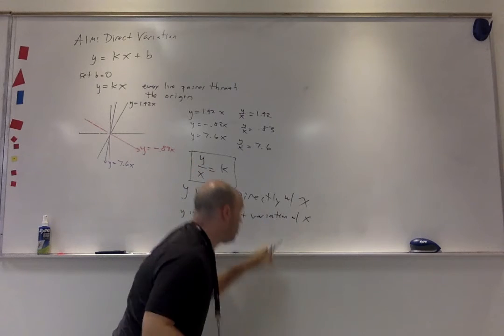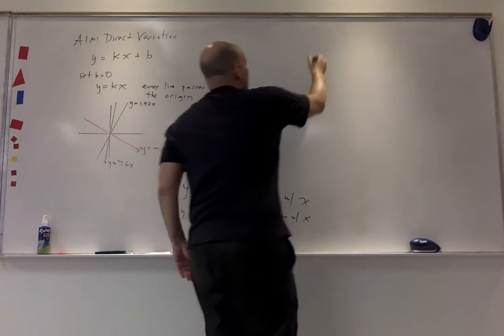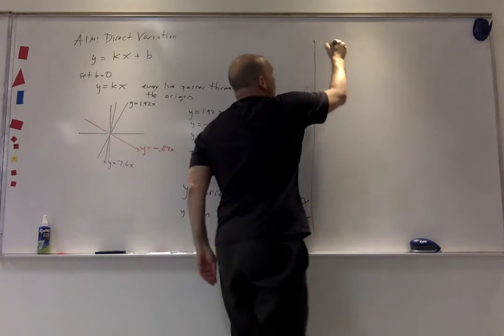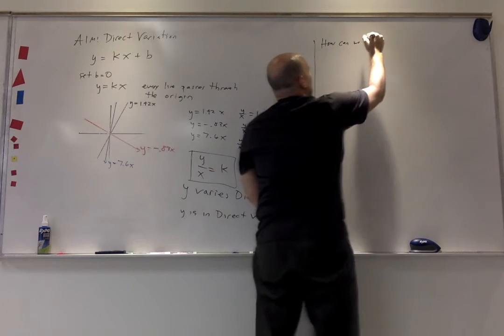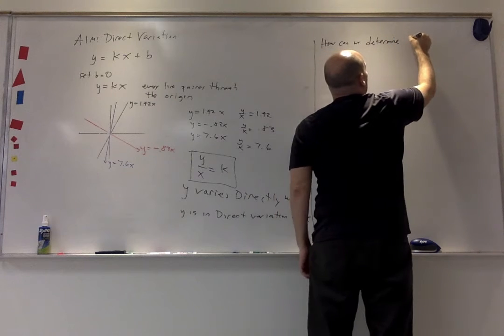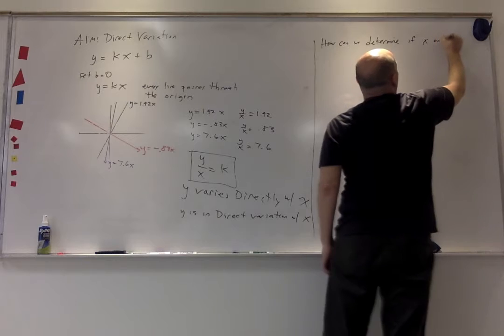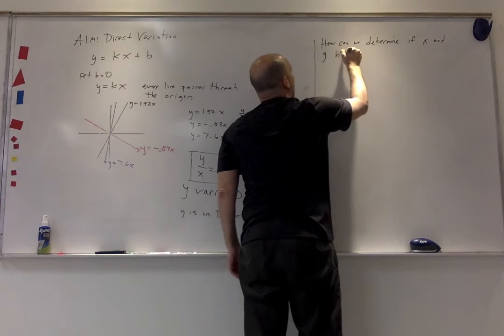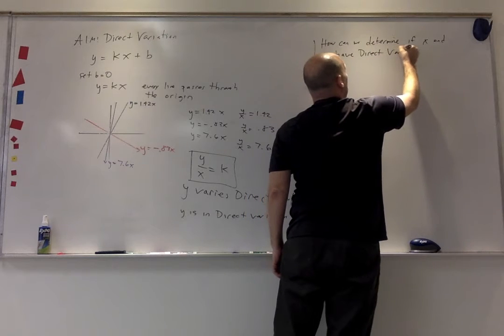So let's look at some cases. How can we determine if x and y have direct variation?